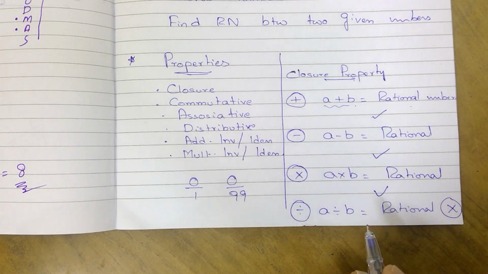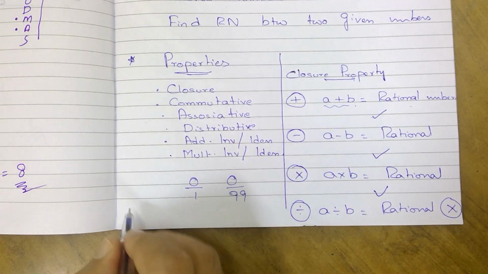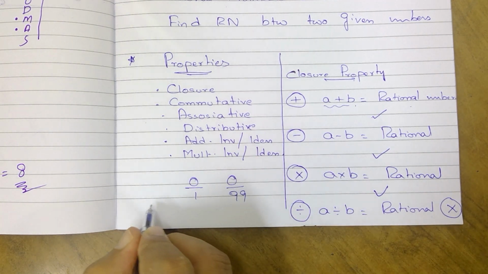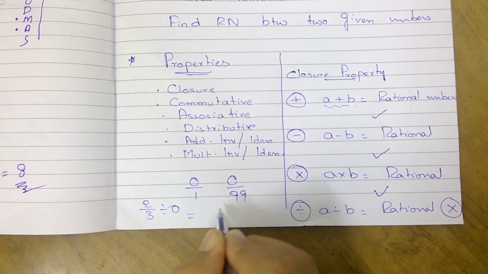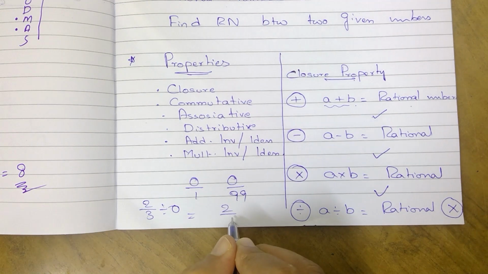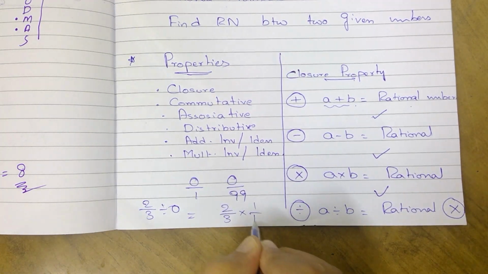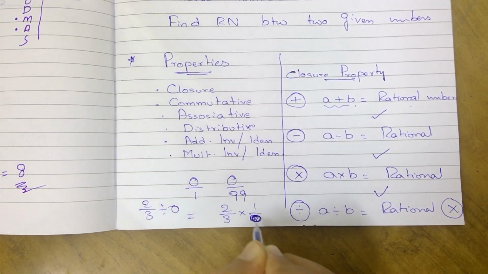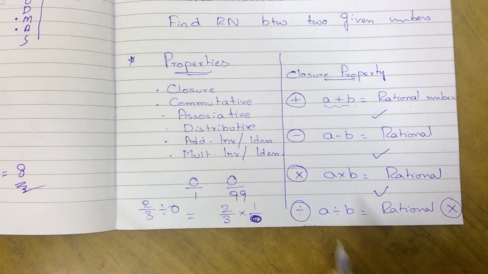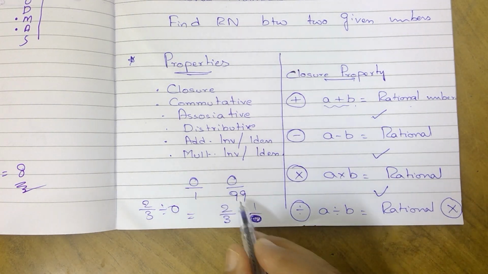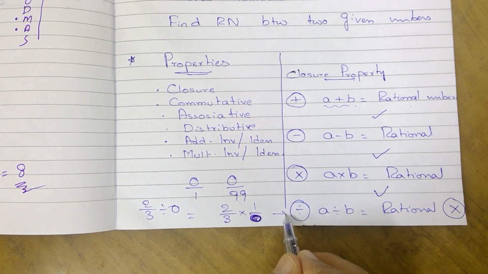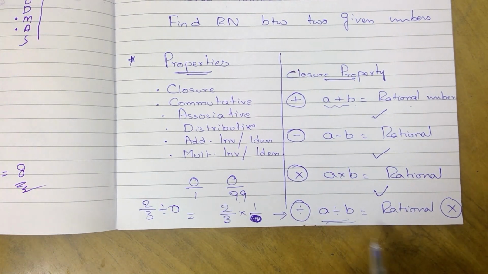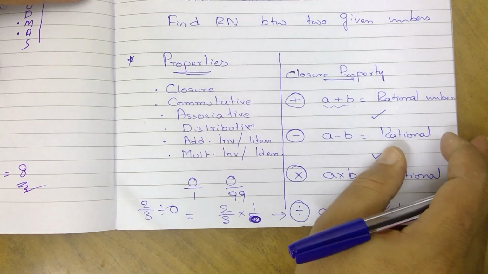But when you divide any number by 0, suppose you are dividing 2 by 3 divided by 0, that means 2 by 3 into 1 by 0, right? So 0 is in the denominator. You cannot divide any number by 0. Therefore, only for closure property, division is not satisfied.